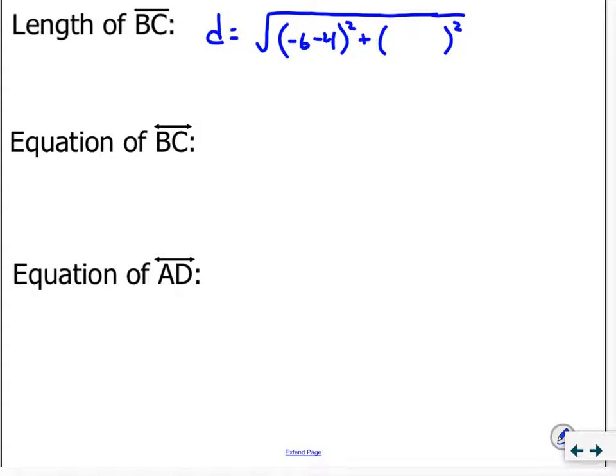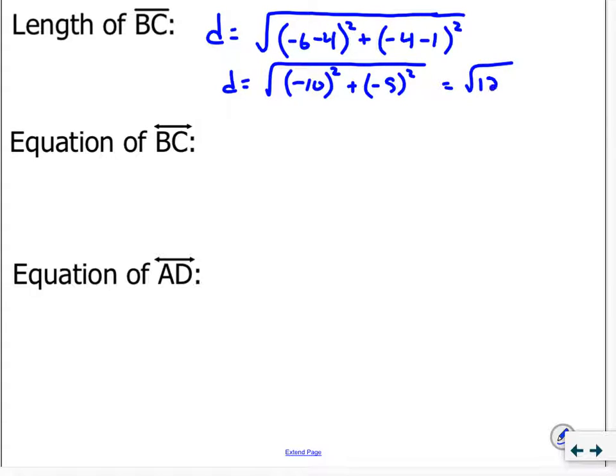And then we'll also take the difference of the y's. We'll go -4 minus 1. So let's see, -6 minus 4 is -10. And we square that and we get 100. And then -5 here, and we square that. So this distance then is 100 plus 25, or the square root of 125.